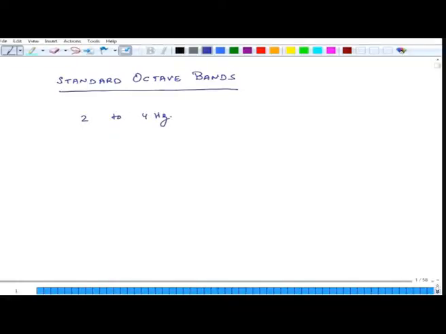Another example could be 330 hertz to 660 hertz, or you can have square root of 2 hertz to twice of that. The point I am trying to make is that as long as the ratio of the upper frequency limit and the lower frequency limit is 2, it is an octave.